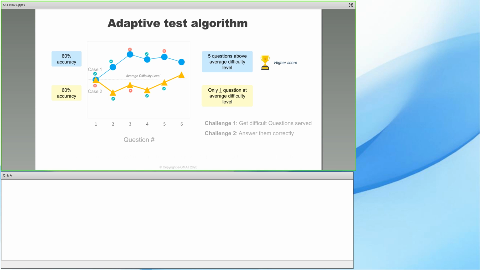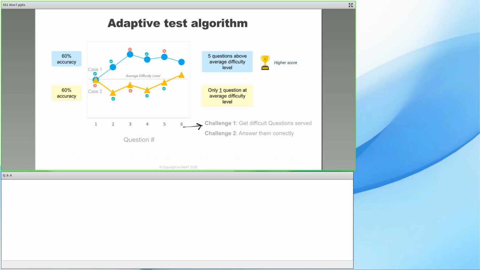So when it comes to acing the GMAT, you have 2 challenges that you need to fulfill. Challenge 1 is to make sure that the test serves difficult questions to you. When you think about case 2 or student 2 over here, student 2 did not even get difficult questions served to him, right?